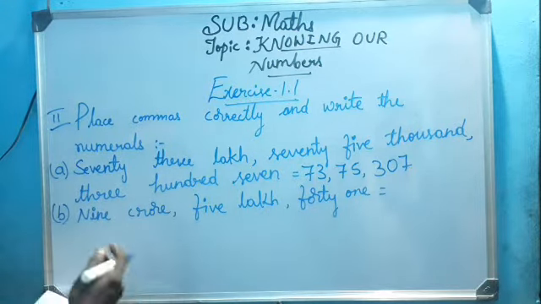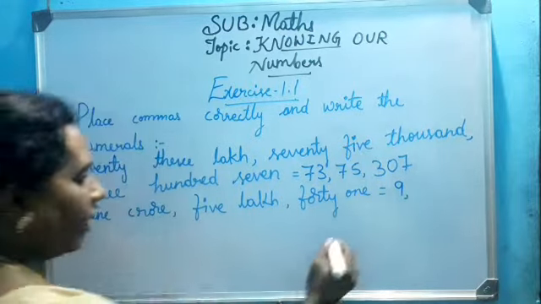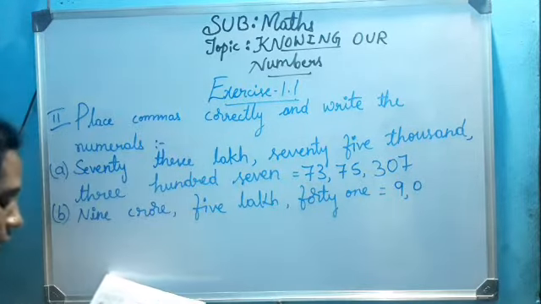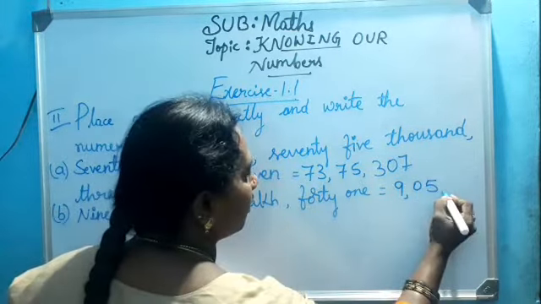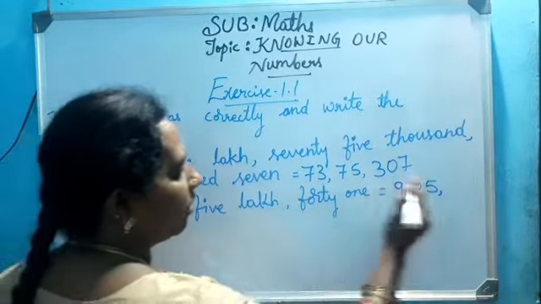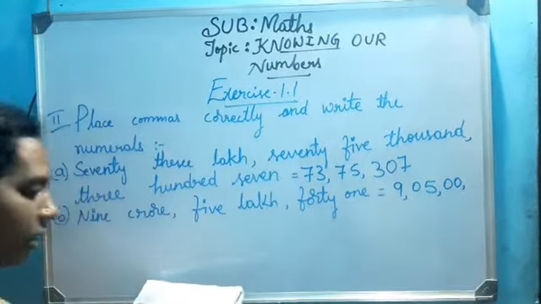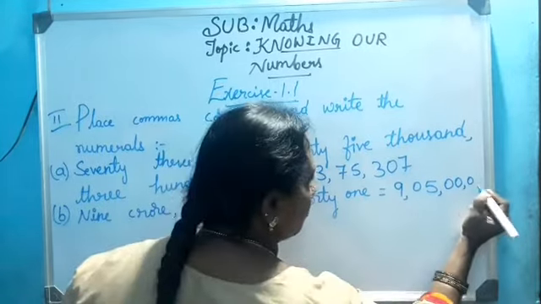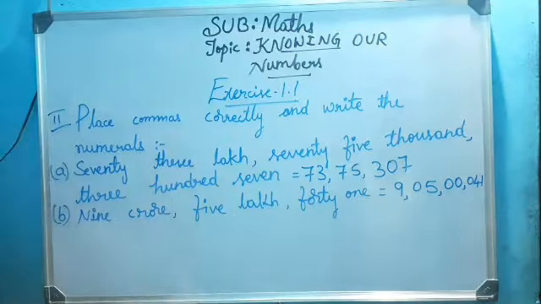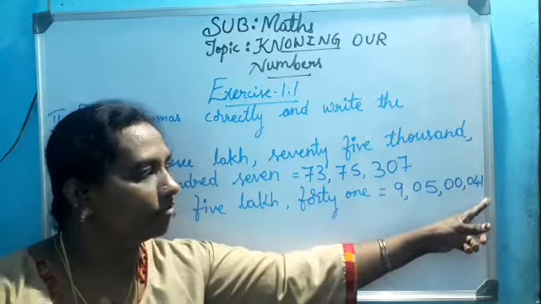So first you write 9 crore, put the comma, then 5 lakh. There is no 10 lakh place, so put 0, again 5 lakh, again comma. Then there is no number in the 1,000 and 10,000 places, so put 2 zeros. Again the 100 place has no number, again 41. Okay, 9 crore 5 lakh 41.